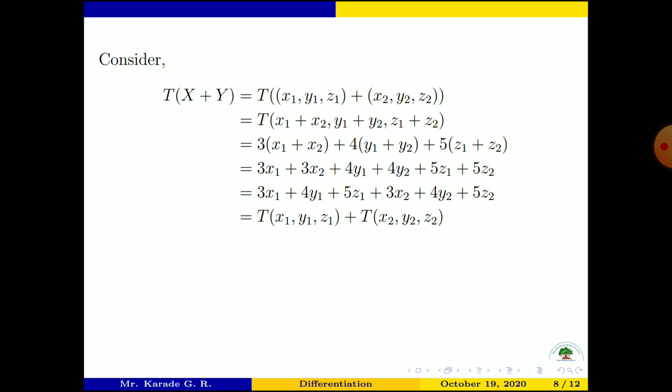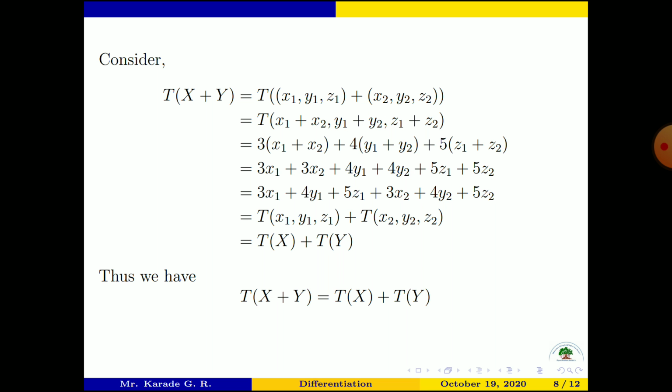But what is (x1, y1, z1)? It is vector x. And (x2, y2, z2) is vector y. So T of x plus T of y. In this way, we proved our first condition of linear transformation: T of (x plus y) is equal to T of x plus T of y.